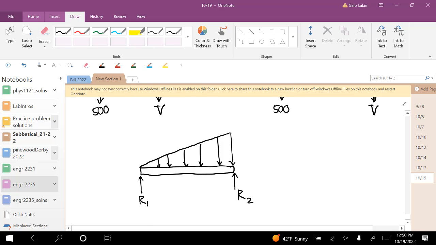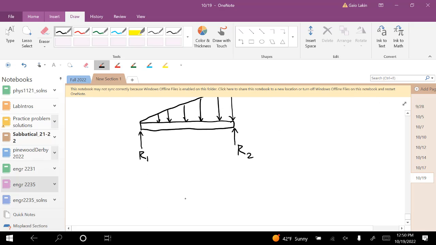Okay. And now let's say that we make our cut somewhere. So we're just isolating this piece. We're ignoring this piece. Okay.